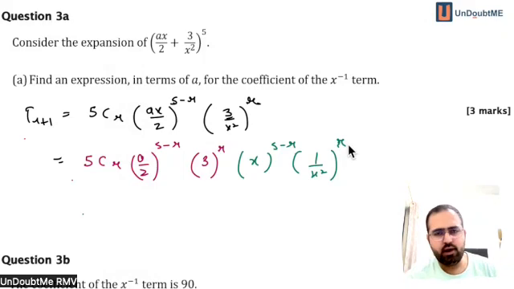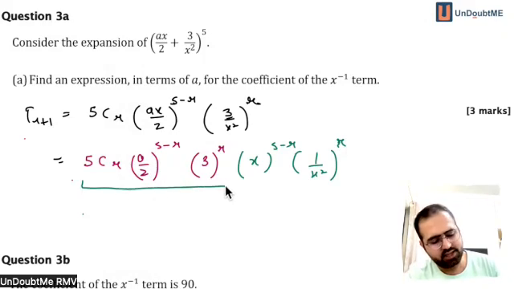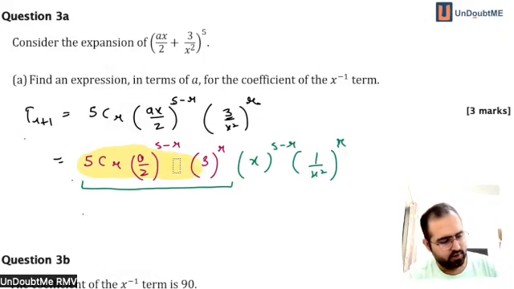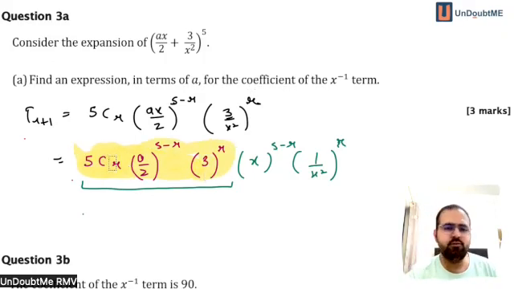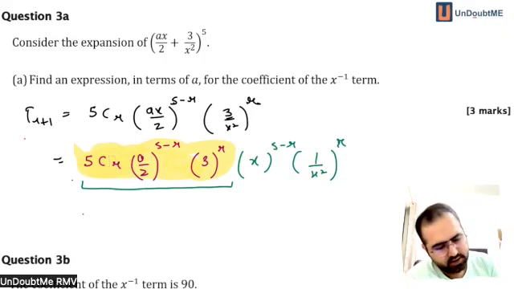I need to pick up the powers of x from these two green terms. The one written in magenta is all the coefficient. That will be the answer. Find an expression in terms of a for the coefficient of this. So try to solve everything, but your answer will be in terms of a only. It shouldn't be written in this incomplete form. Everything should be sorted properly using the calculator.